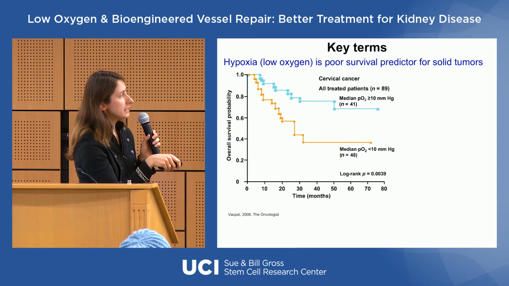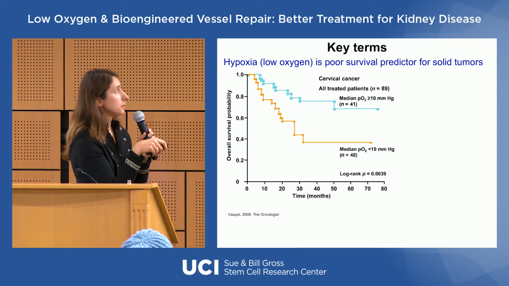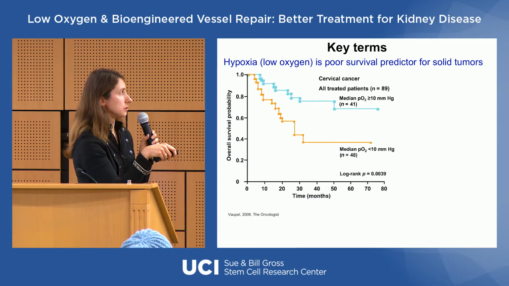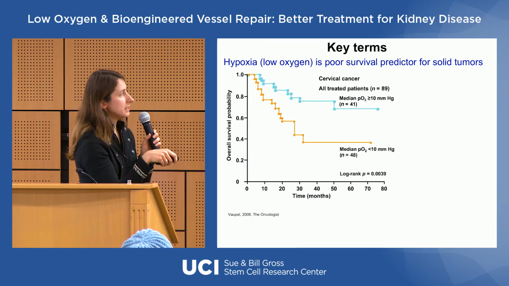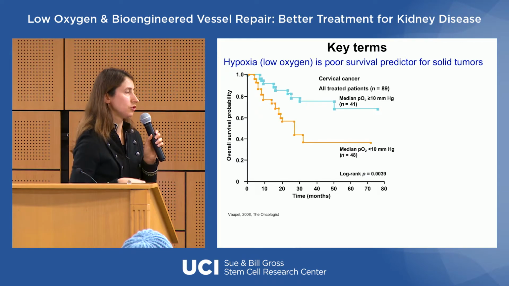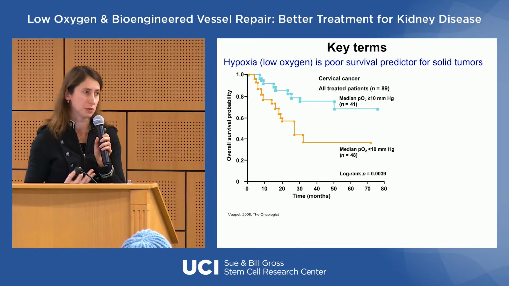And then by 70 months, we still have more than 60% of patients alive. If you look at this other curve, orange color, this is when we look again at 70 months, less than 40% of patients survive. And this is where they have low oxygenation, low oxygen in the tumor.